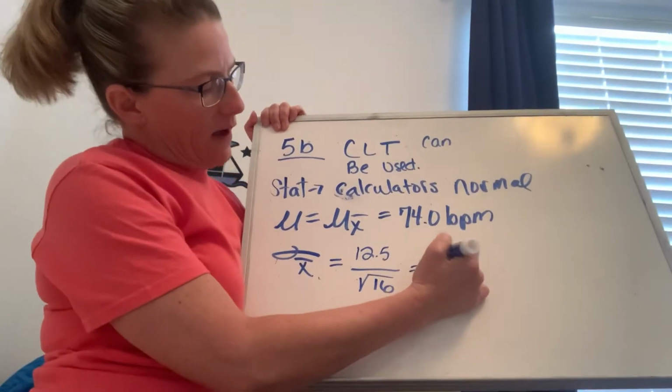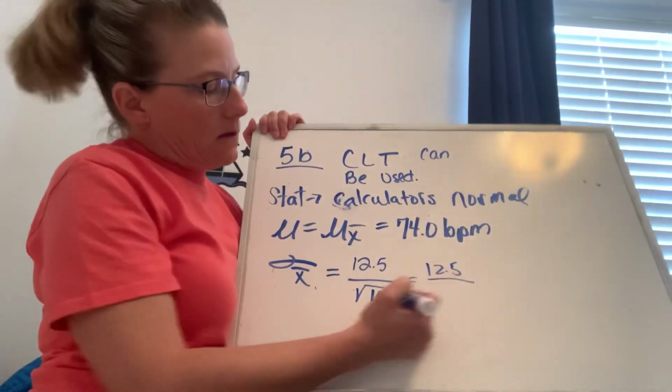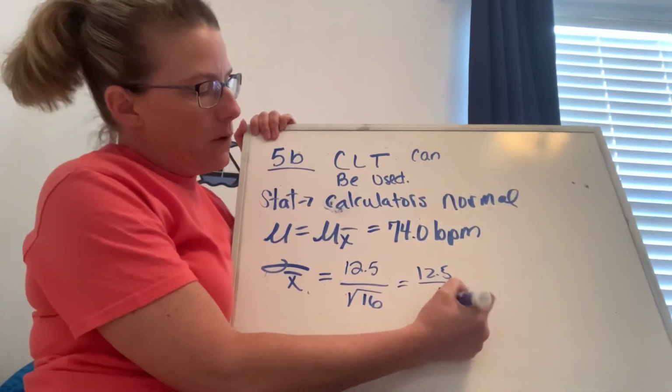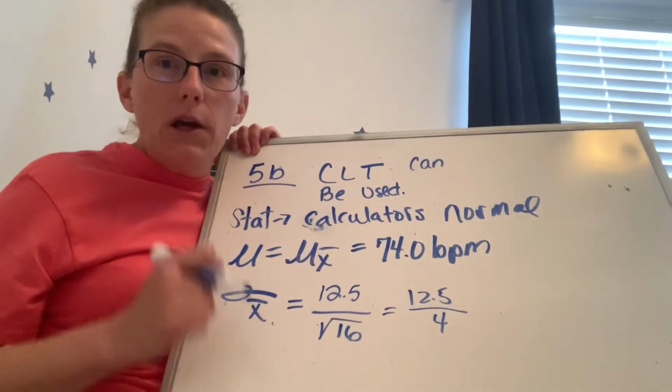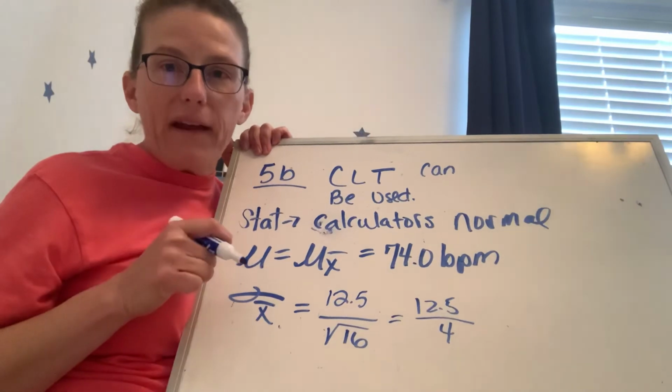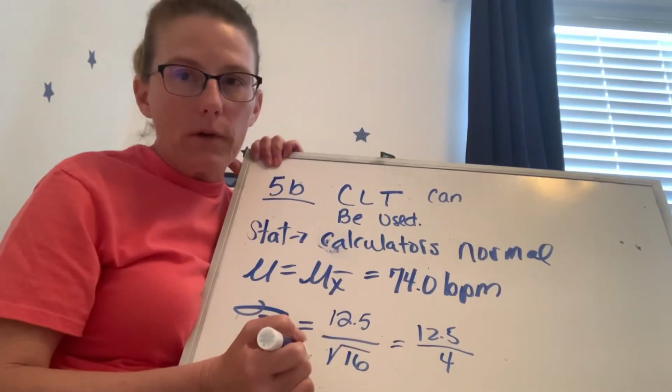And we can simplify this out a little bit. 12.5 divided by the square root of 16, which is 4. You can conceivably key that into StatCrunch and it'll be fine. You just cannot key in a square root.